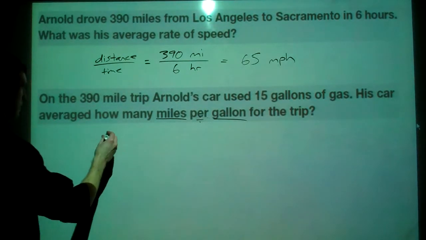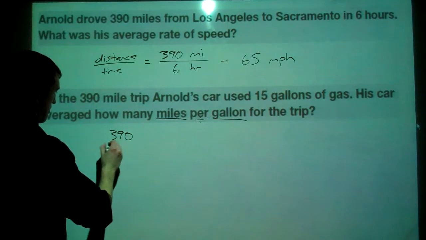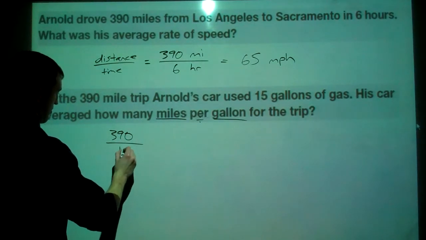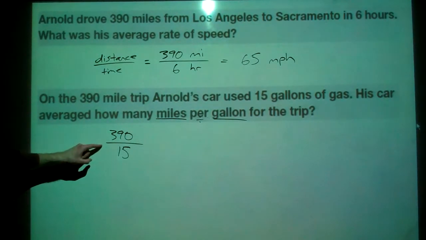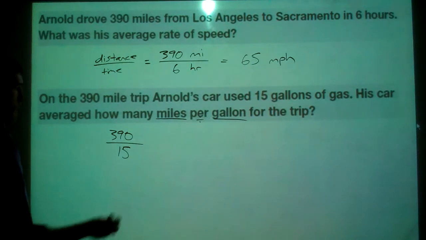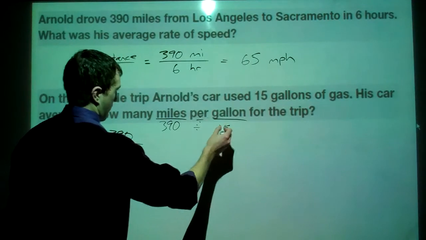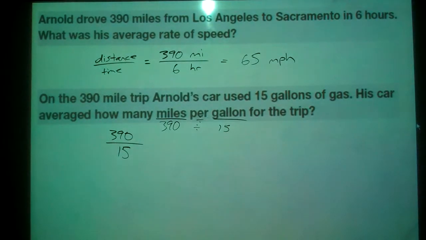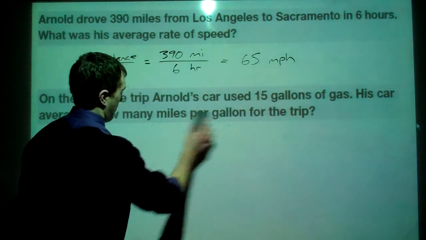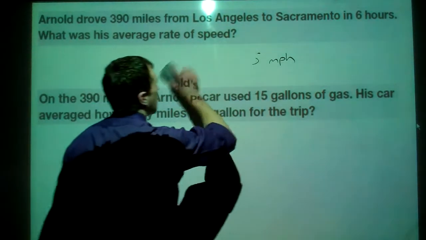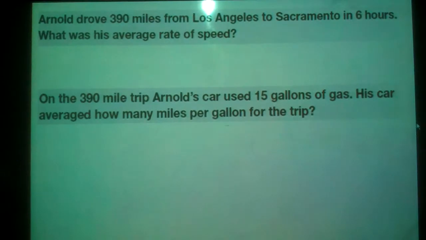So 390 miles per gallon. 390 divided by 15. That would get us our answer. That would be miles per gallon. Okay? These are all different rates.